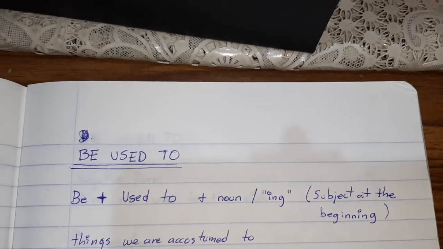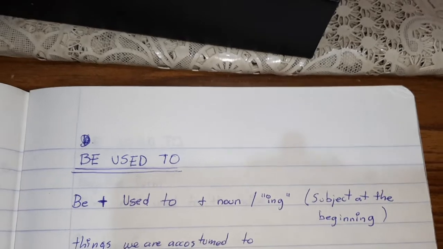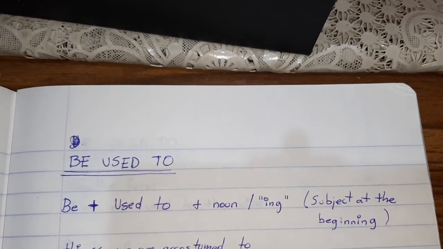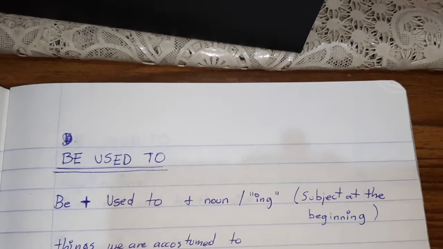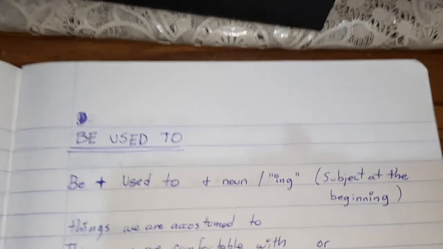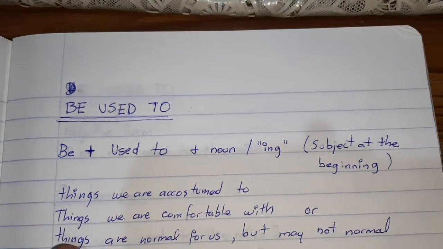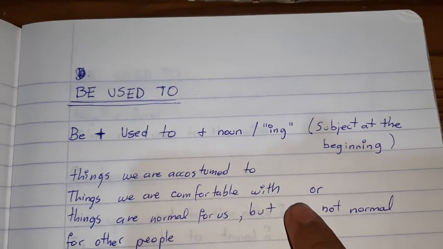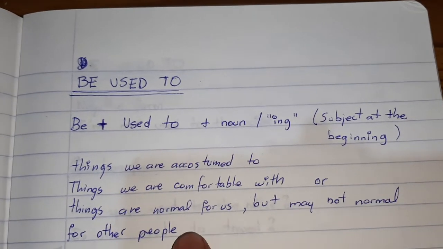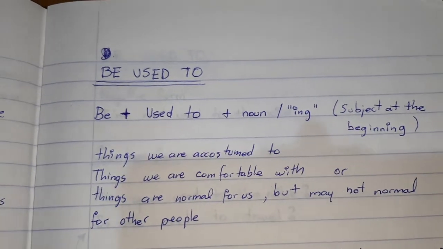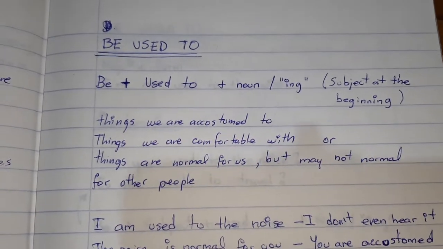We use this structure to speak about things that we are accustomed to doing. They could be things we're comfortable with, or things that are normal for us but maybe not so normal for other people.